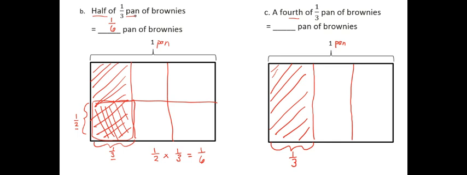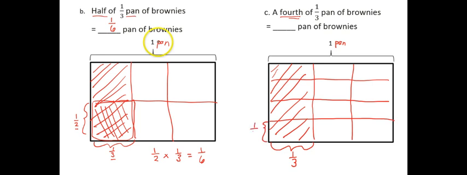I'm going to take 1/4 of the third, which means I need to draw fourths horizontally across the diagram. And this piece is showing 1/4. So this piece in the corner, this is 1/4 of the entire third.